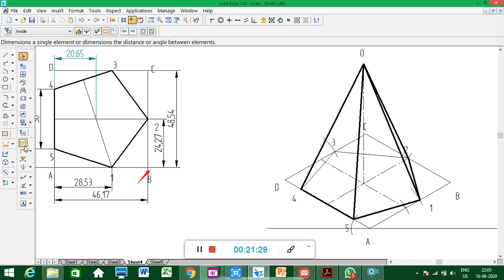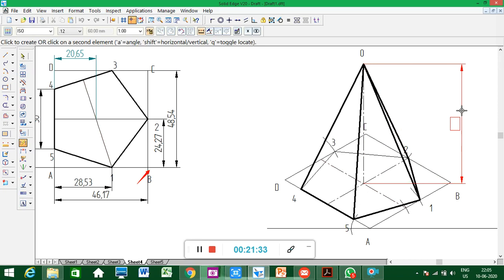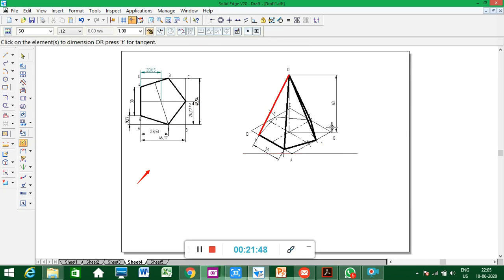Now you show dimensions. See this 60 height. This is 30 height. Okay. Now manually you have to draw the conversion to isometric. I told you previously also.